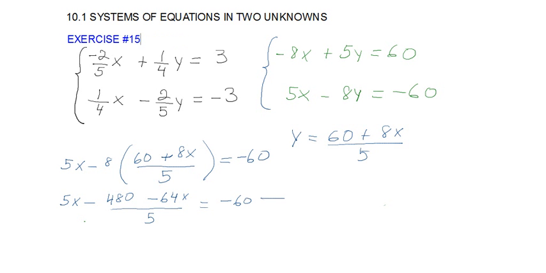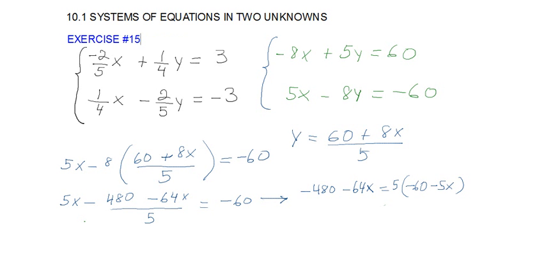So I continue right over here, and now I have 480, minus 64x, and then I move, equals 5 times negative 60 minus 5x.